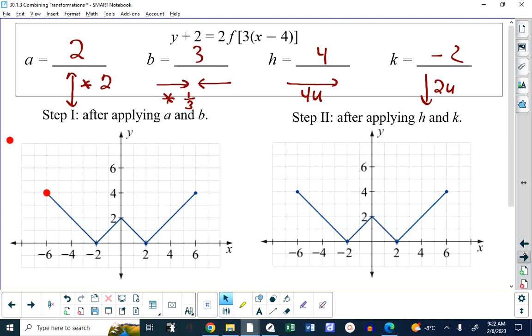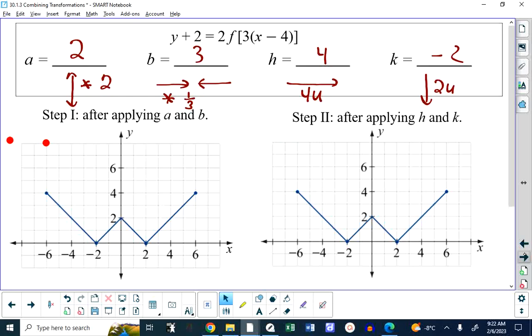If I start on the left and I take care of the stretches, stretching this vertically by a factor of 2 will land it here. It will be twice as far away from the x-axis. But I don't want to plot that point yet because I want to put both stretches on there. So right now it is 4 away.